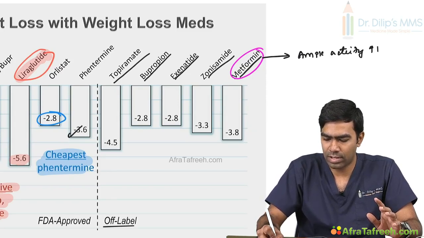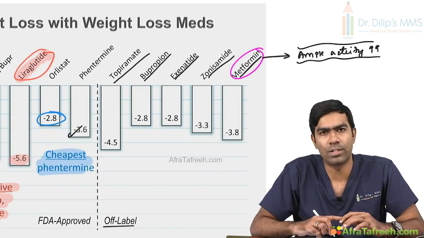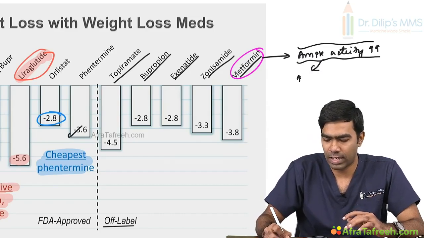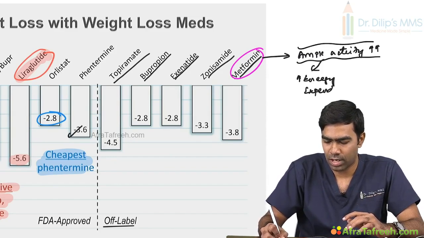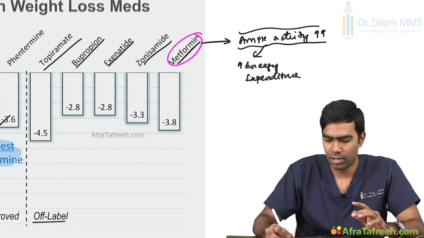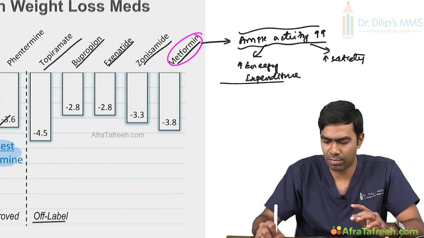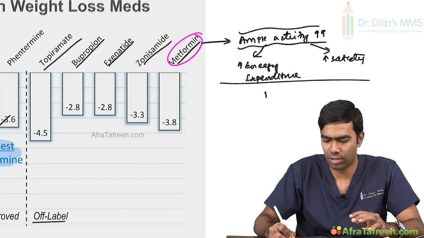That's how it promotes weight loss in the brain, because increasing AMP kinase activity will increase energy expenditure, and it will promote lipolysis and mobilize the fat, and at the same time it will increase satiety in the brain. Apart from that, it has multiple effects of improving insulin sensitivity as well.